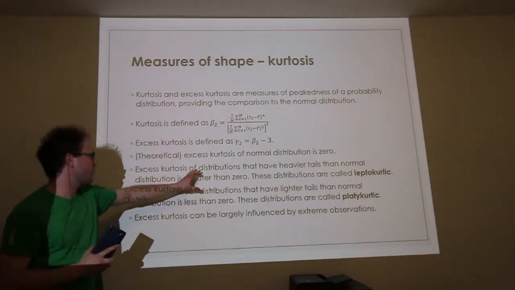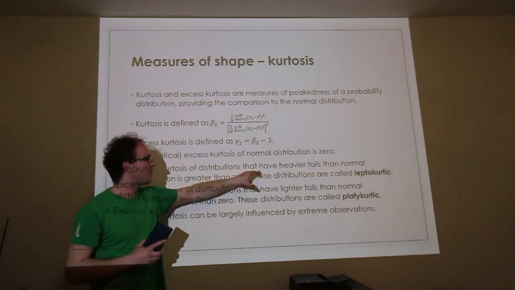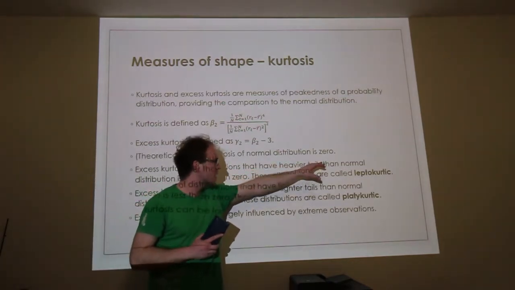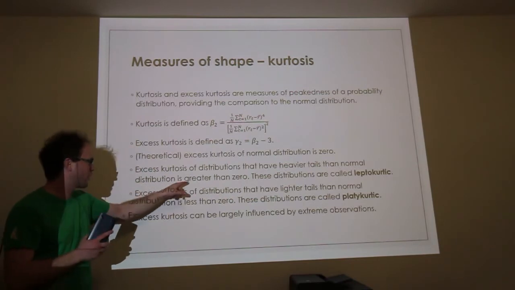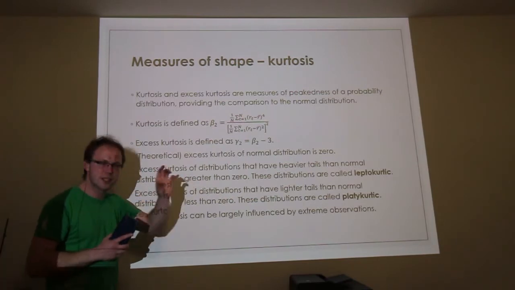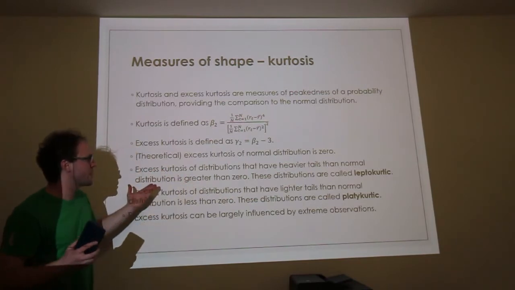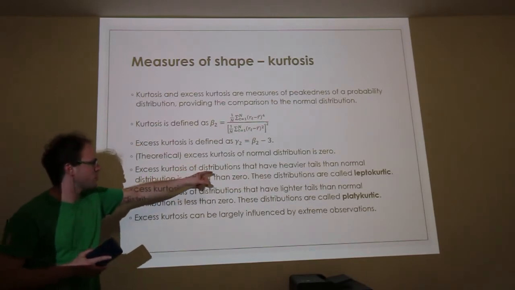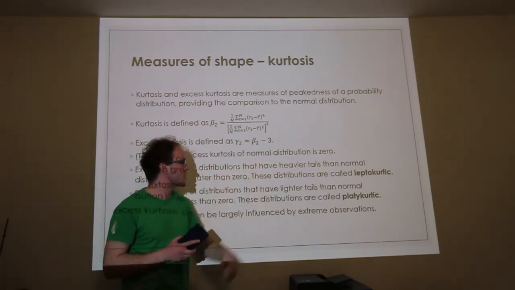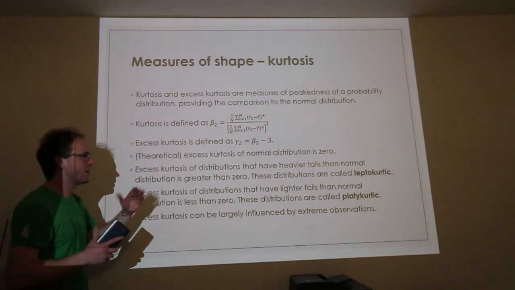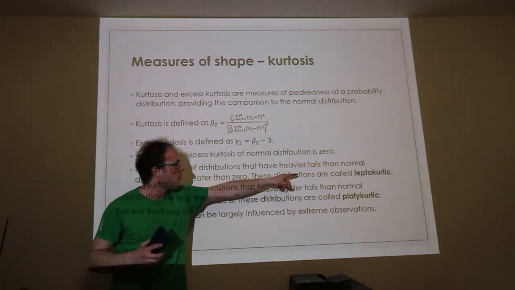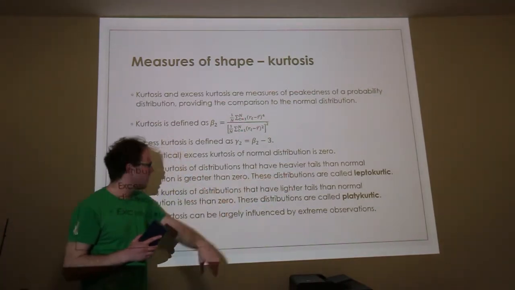Okay, excess kurtosis of distributions that have heavier tails than normal distribution is greater than 0. So greater than 0 means the distribution has heavier tails than normal distribution. These distributions are called leptokurtic.